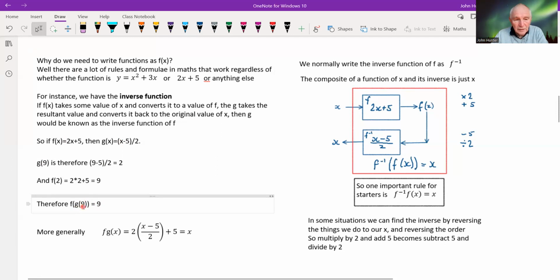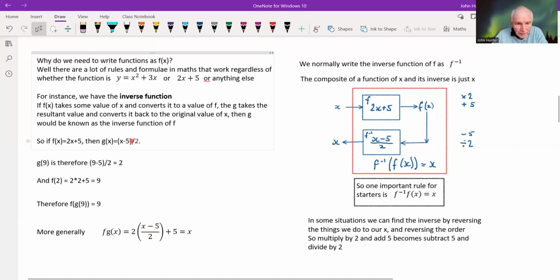So f of g of 9 is equal to 9. We've taken our input, and what we've got as a result of this composite function is the same thing out the other end. So if we look at what we've done here, this is our 2x plus 5. Our x, we poke this function x minus 5 divided by 2 into here.